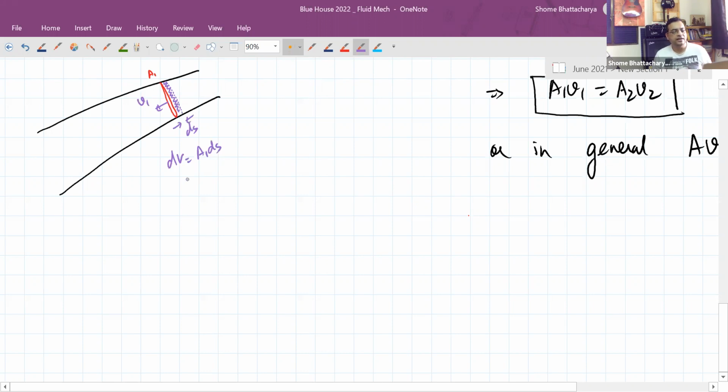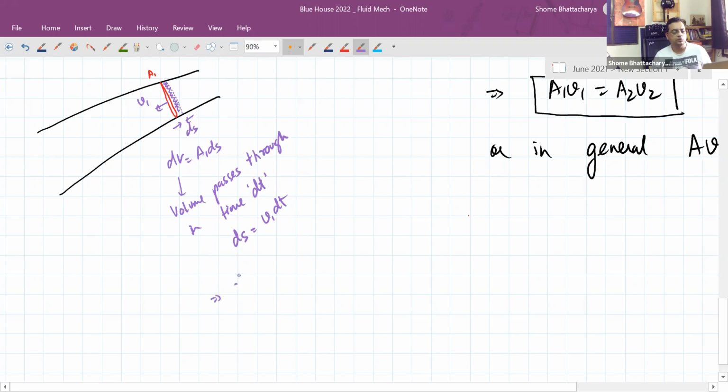This is the volume dV that passes through in time dt. Now, since this is moving at a speed V1, ds will be equal to V1 into dt, because all these fluid particles here are moving at a uniform velocity V1 through the cross section.